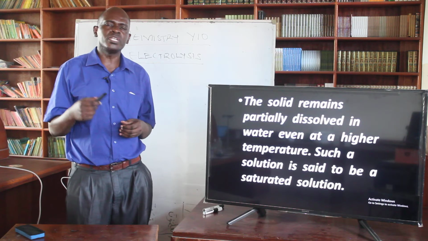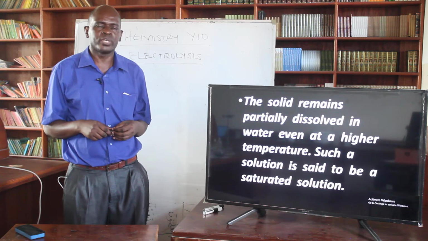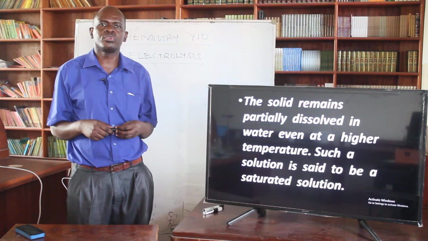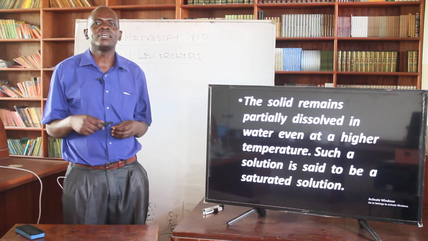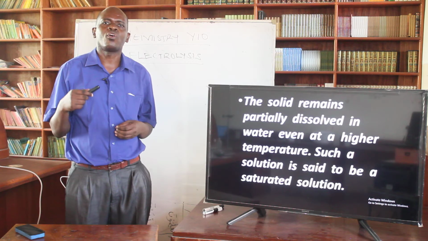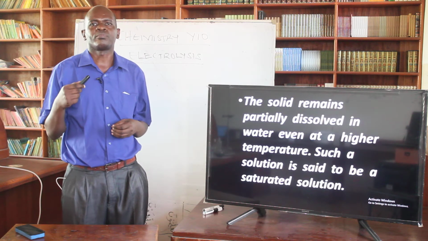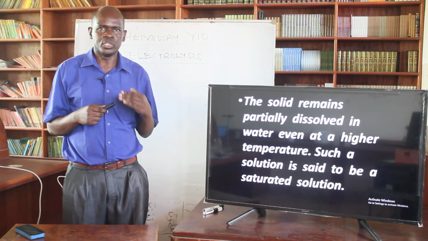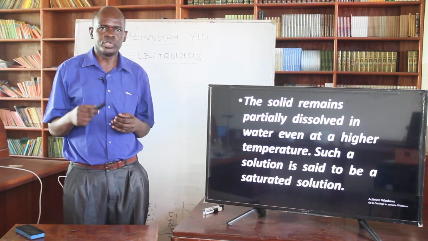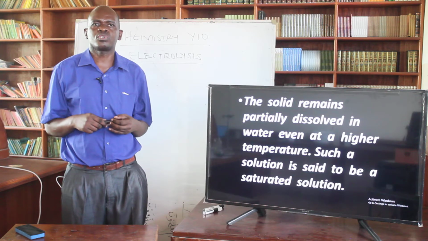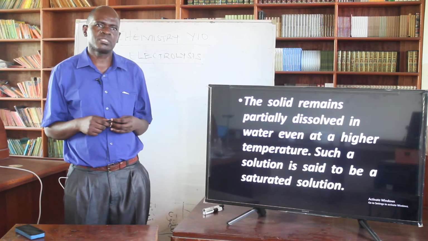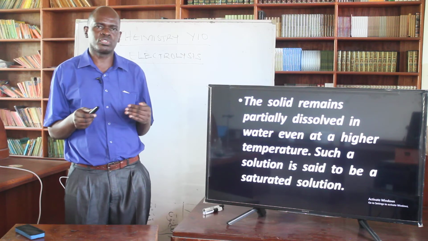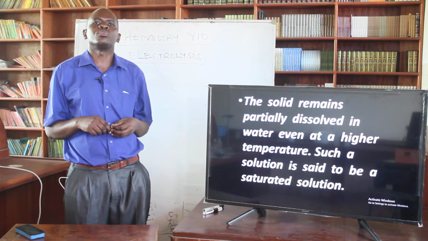In the electrolysis of sodium chloride, we prefer to use a saturated solution because we will have a larger number of the ions of the ionic compound. That means we will have a lot of sodium ions, chloride ions, and also hydrogen and hydroxide ions, but we'll have more of the sodium and chloride ions in the solution.